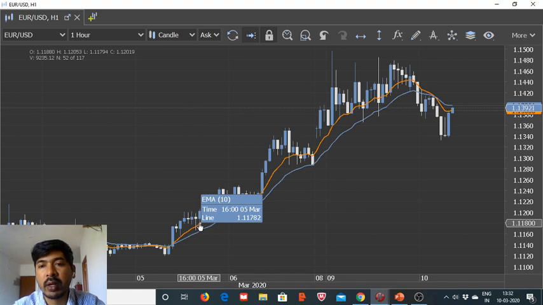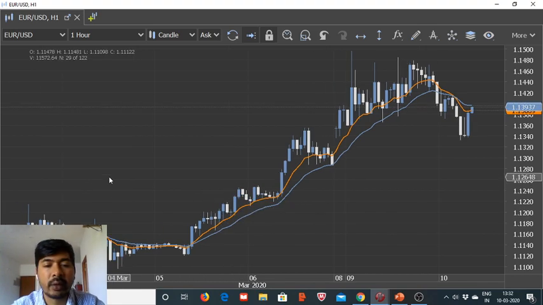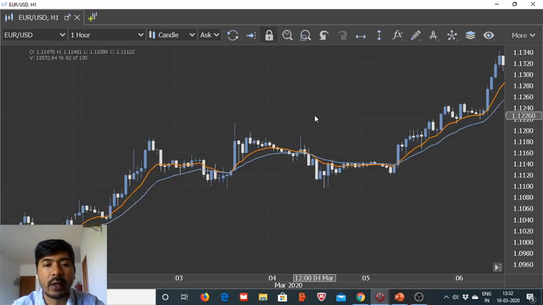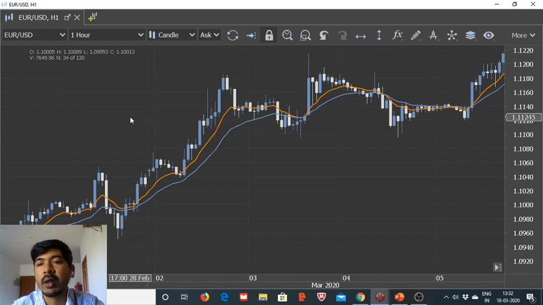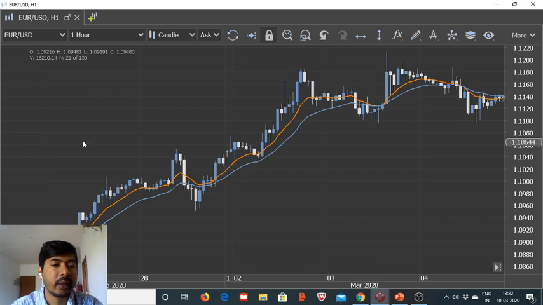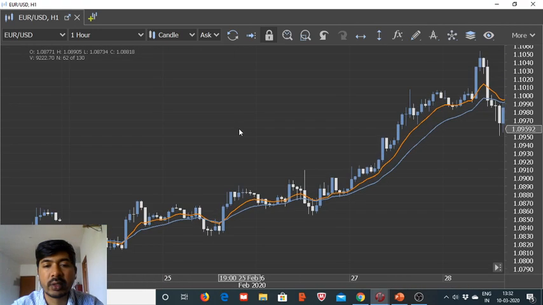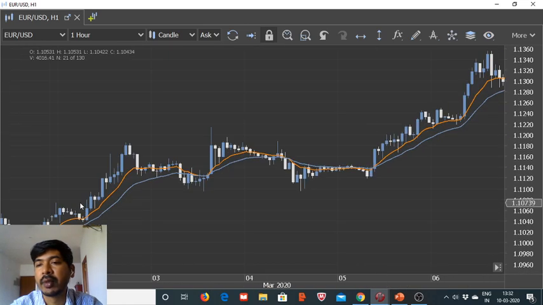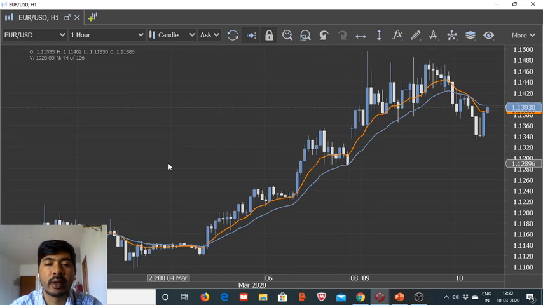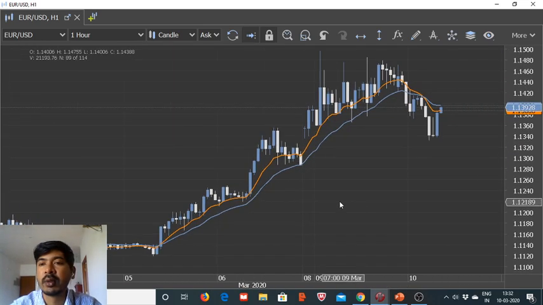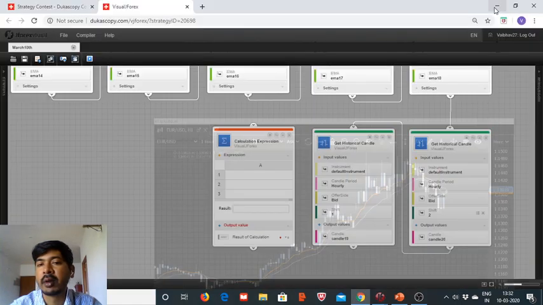So given the volatility, this time around we had a lot of volatility for the past couple of weeks, but we will not really keep such a big condition. Maybe 10-15 pips should be good enough, so we will cap the price of the last candle close around 15 pips from the EMA.